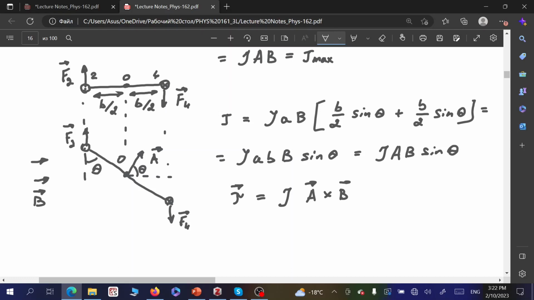So that is the general expression for torque which is exerted on a closed current loop in a uniform magnetic field. We need to take into account the magnitudes of A and B vectors, their orientation with respect to each other, and obviously the magnitude of electric current which flows through this closed loop.